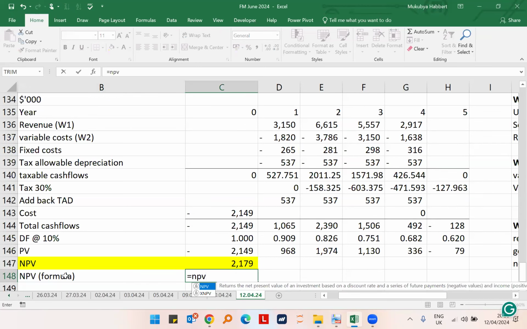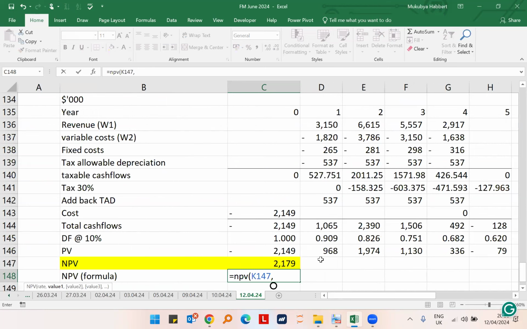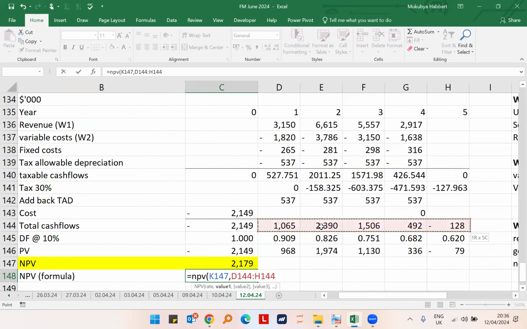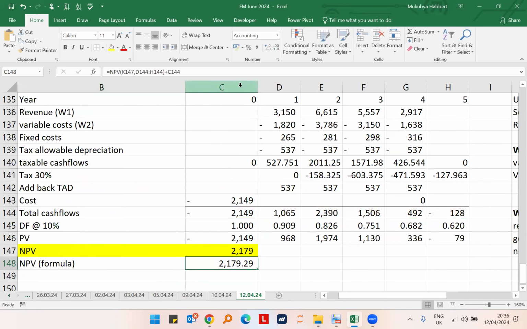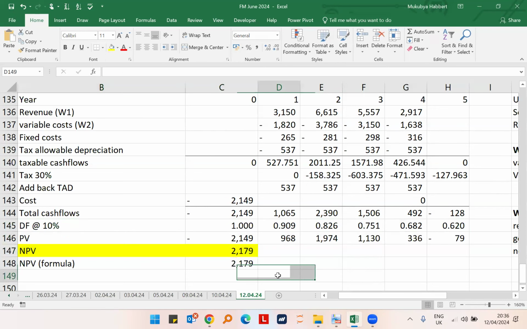So you just say NPV, give it the rate, and then give it the cash flows from year 1. So from year 1 all the way to year 5, close bracket, and then subtract the initial investment. And because it's negative, so we add. So you get the same exact answer. But you have saved yourself from having to do discount factor and present value and NPV. You get it in less than a minute.